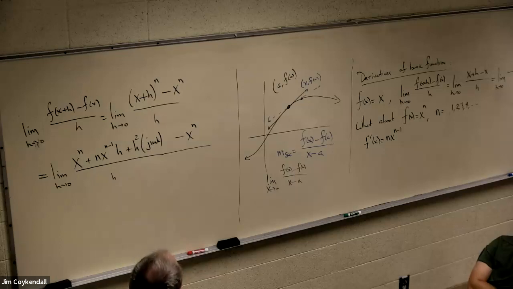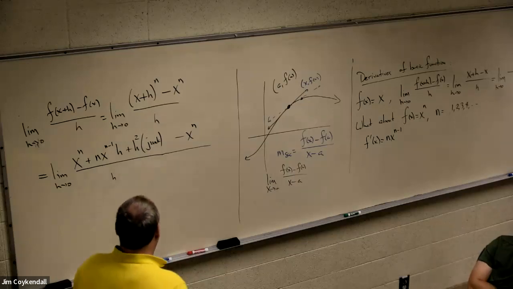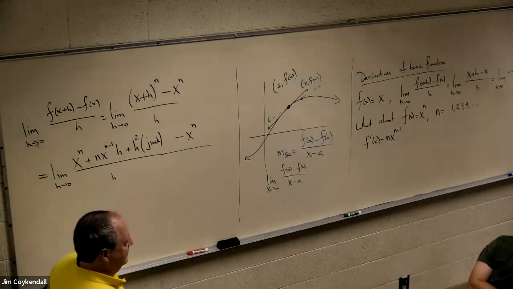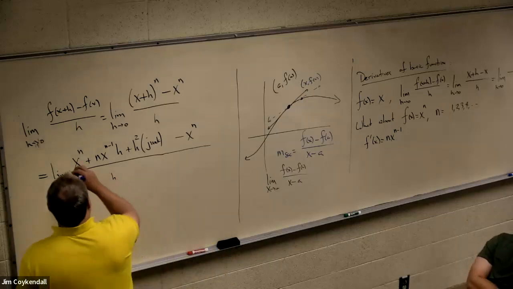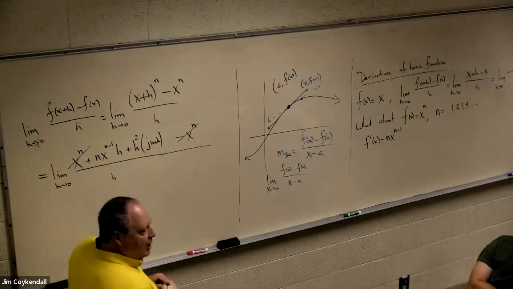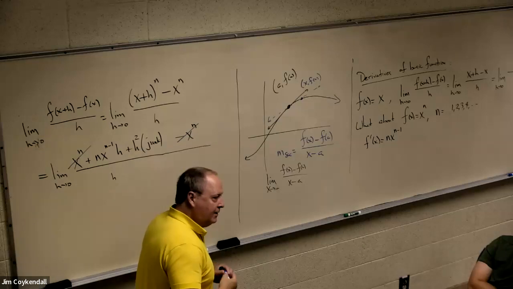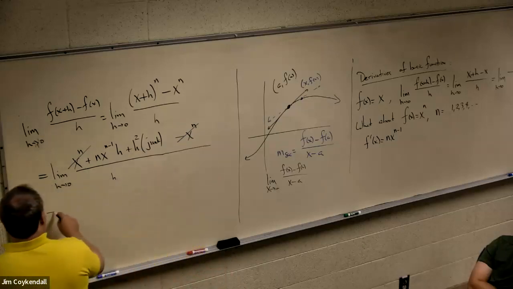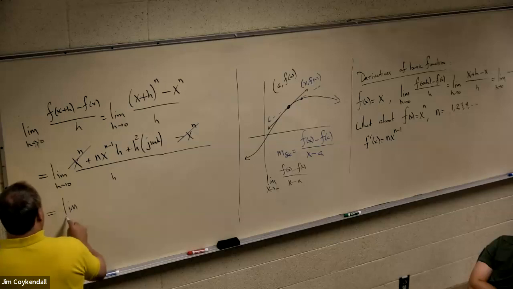Now do you see any way to simplify that? Okay, these are gone. And once those are gone, you see a common factor, h. So let me cancel an h.